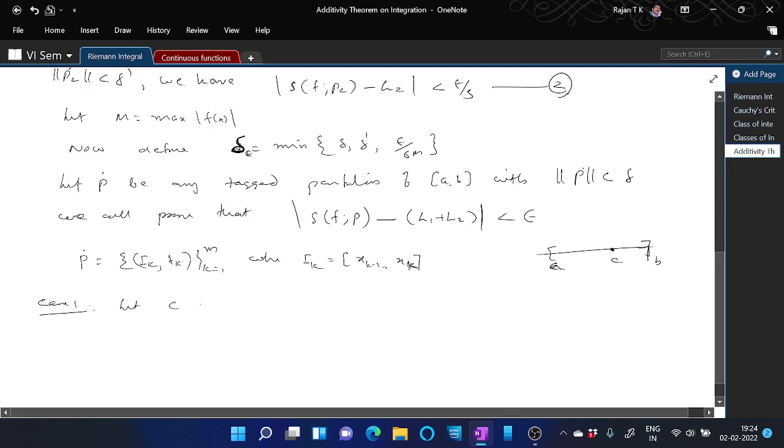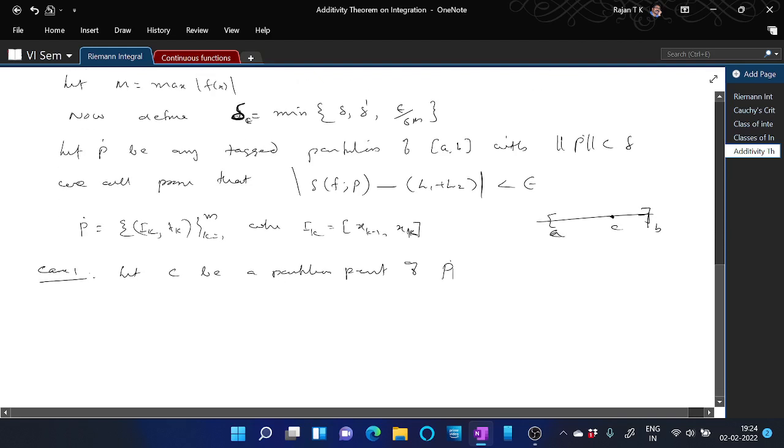Let c be such a partition point of P. Now split P into P1 and P2, partitions of [a,c] and [c,b] respectively.